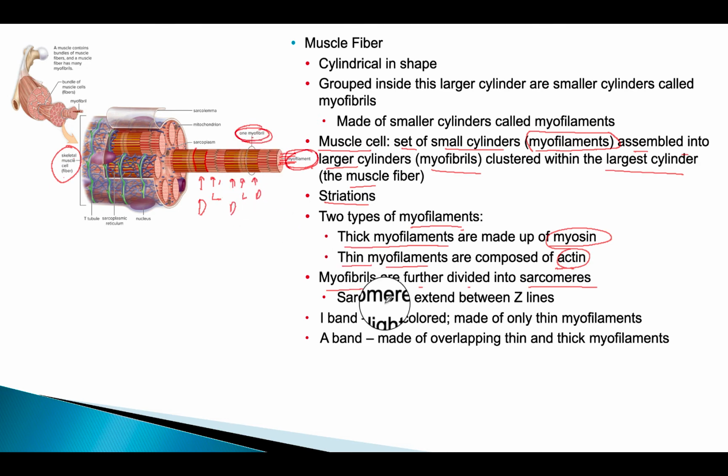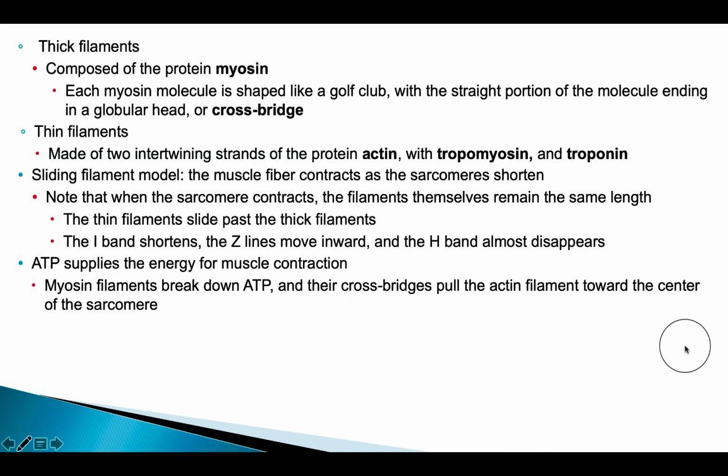What do we mean by sarcomeres? These extend between the Z lines, and I will emphasize this in a minute. You have what is called the I band, which is light colored, made of only thin myofilaments. The A band has overlapping thin and thick myofilaments. So let's take a look at that in our next slide.